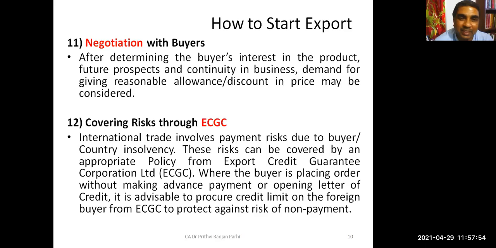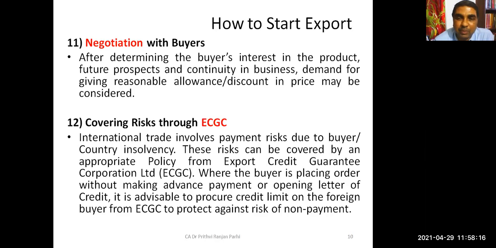Then one may decide to cover the credit risk. In the previous class we understood this organization, ECGC, Export Credit Guarantee Corporation Limited. Credit risk guarantees are given by this organization.